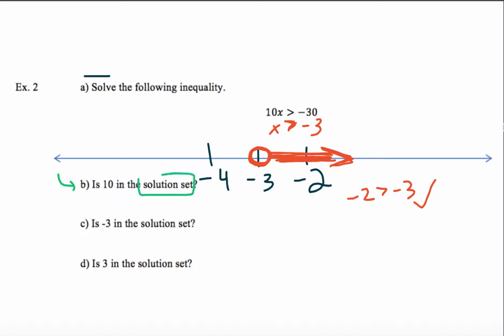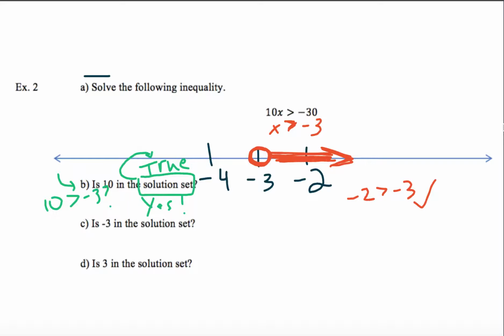Again, they're asking us some questions about the solution set. Remember, when we hear solution set, we should think, okay, this is something that is true. We box that action word and we can expand on it. Solutions, true. So is 10 in the solution set? Is 10 greater than negative 3? Yes, 10 is greater than negative 3, therefore 10 is in the solution set.